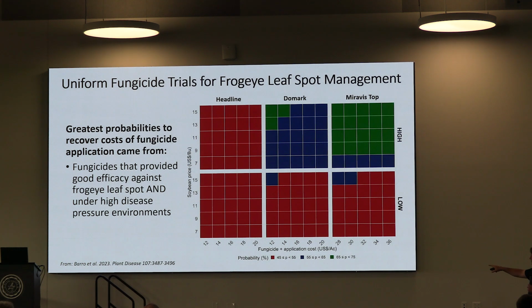Red means it's somewhere between 45 and 55% probability of breaking even. Okay, that didn't happen very often when we had low disease pressure. But when you look up at the high disease pressure, whenever we have products that contain active ingredients that are still effective in controlling frogeye leaf spot, that's when we can see that we're going to make actual money from spraying fungicides. We're protecting that yield under a high disease pressure environment.